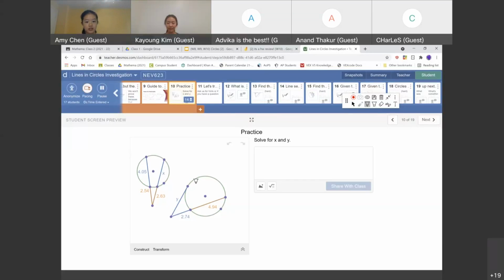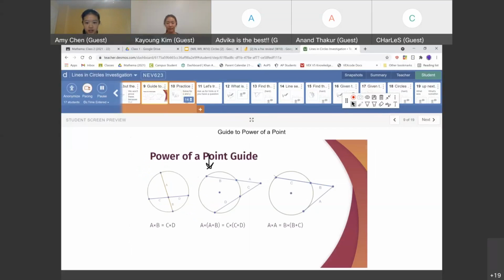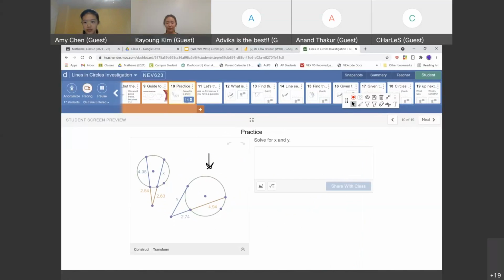So let's solve the second one first because this one's a little bit easier. For this one, we would use the power of a point theorem. That's this third one over here, where you have a squared equals b times b plus c.